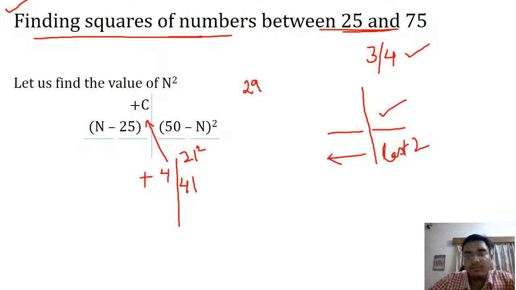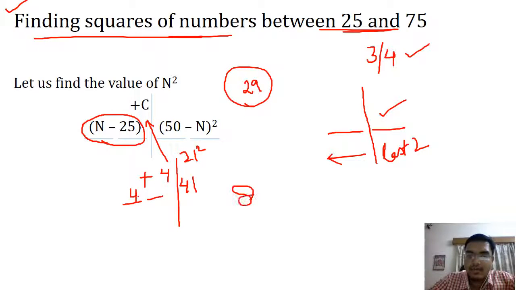In place of the carry, what will be there? The third digit, the hundreds place digit. Now for the first two digits, we are required to find n minus 25. In this case, it would be 29 minus 25, so that would be 4. So our answer for 29 would be 4 plus 4, 8, then 41. So 29 square is 841.